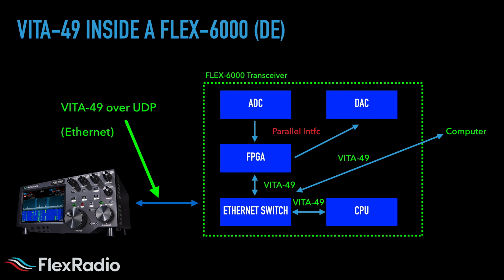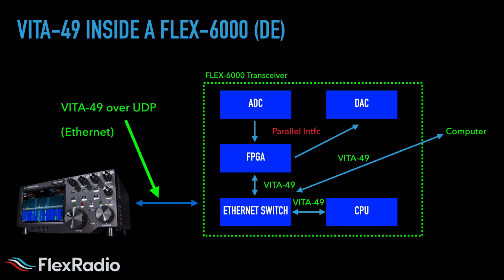The FPGA here, which is a field programmable gate array, it's a programmable part that allows you to run all kinds of filtering algorithms, decimation, down conversion, up conversion, all sorts of things like that inside the radio. So that's the key component we use to do that. But then out of the FPGA, we speak VITA-49 through an Ethernet switch to our CPU.